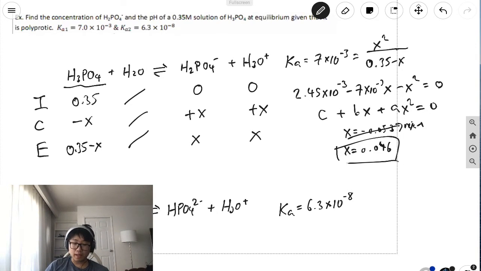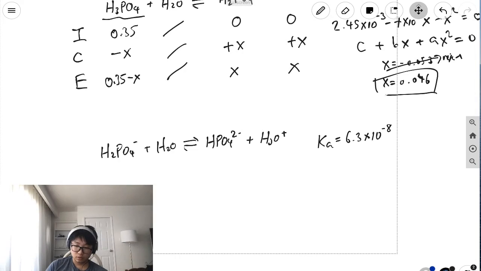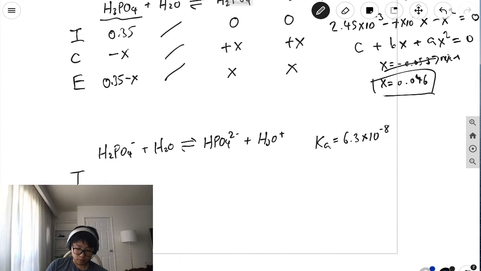So does that mean my final answer is that I have 0.046 molar of H2PO4 minus? No, because we have to go through another deprotonation. So if we do another deprotonation, this time how much H2PO4 minus do we start off with? How much of that do we have? Yes, great, because we bring that from the last one.